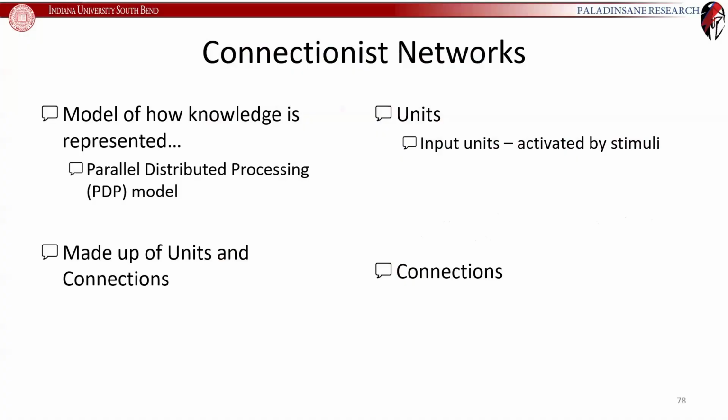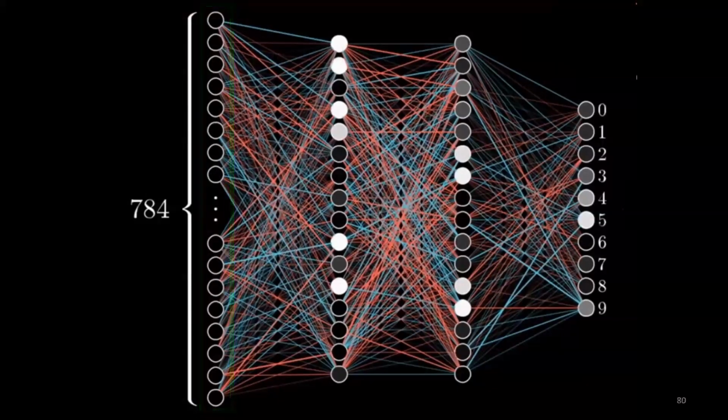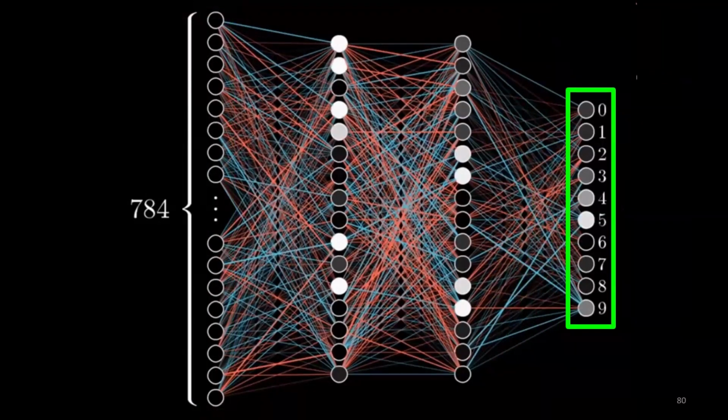We then also have the output units, and those are in the output layer. Those are the ones that communicate the information. So the output layer is that layer right there that has the output units. Basically, that is where you read what the system has decided.